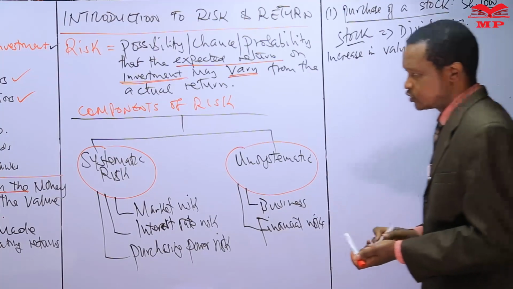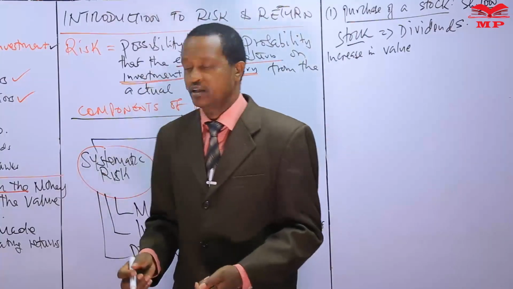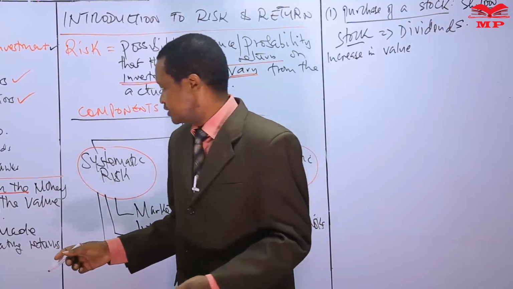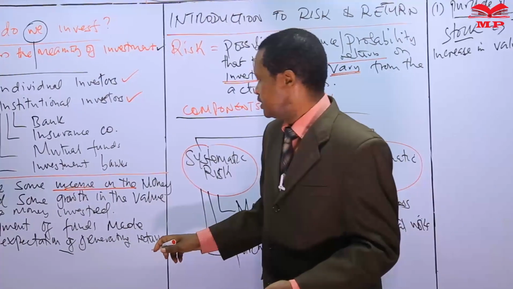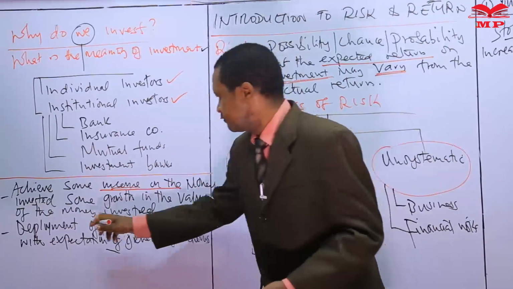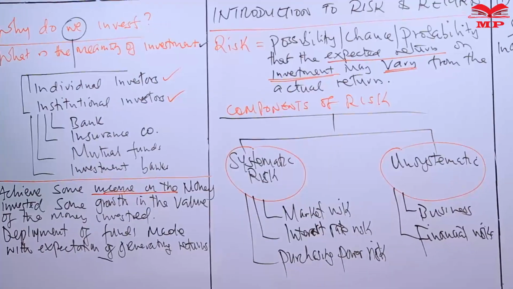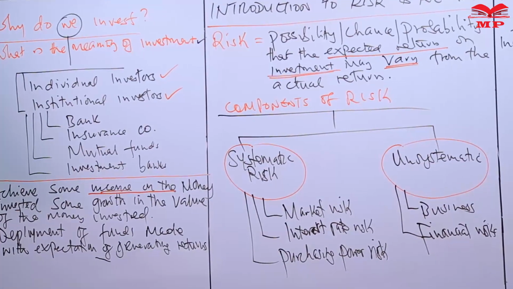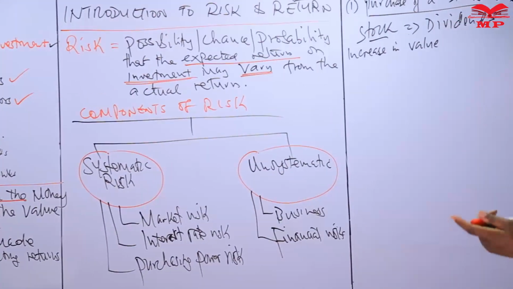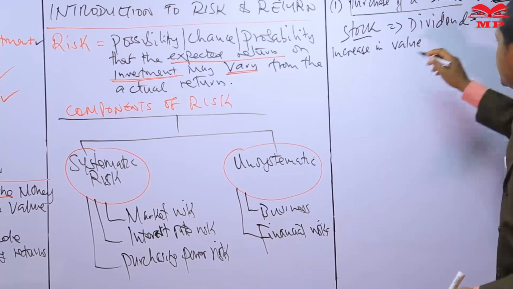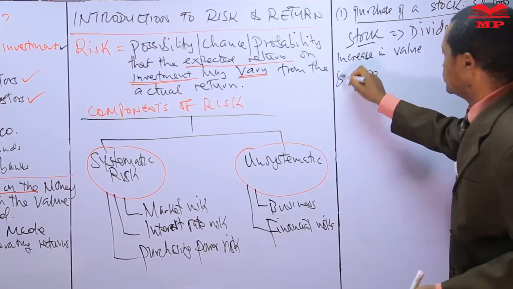So here we are talking of two reasons why an investor may buy financial assets. Number one is to generate income. Number two is the increase in the value of the money invested, because an investor may buy a share at 1,000 shillings, expecting to sell this share at, say, 1,500 shillings.